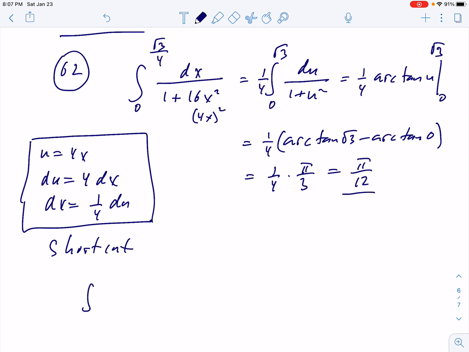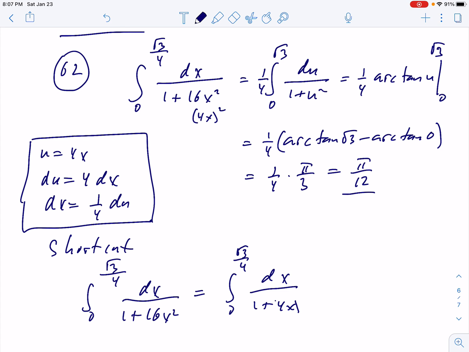Starting from the beginning, integral from 0 to root of 3 over 4, dx over 1 plus 16x squared. So we already discovered that 16 is 4 squared. I'm writing dx over 1 plus 4x squared.